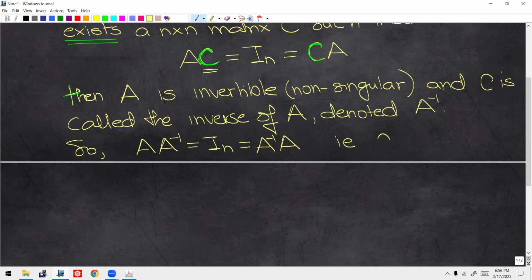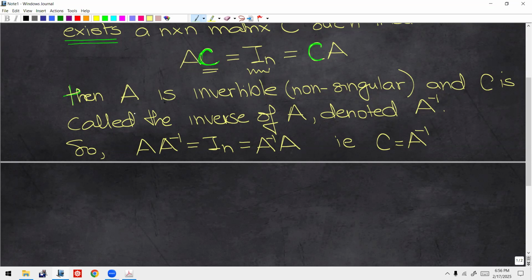That is, C is equal to A inverse. So this matrix C that we had in the definition was a special matrix because when we multiplied A by that, we got the identity, and it didn't matter what order we did it in. So because it is a special matrix, it's called the inverse of A.